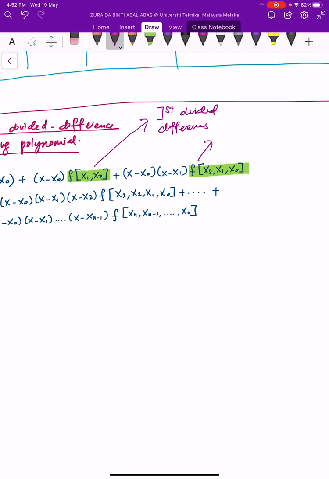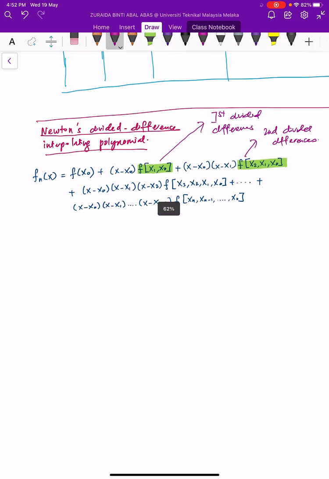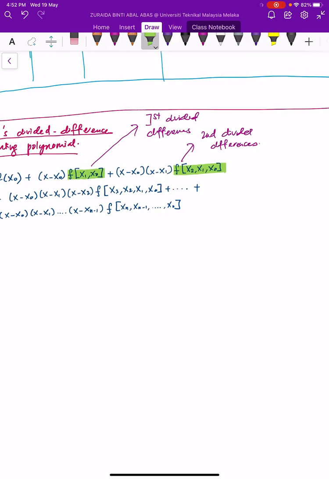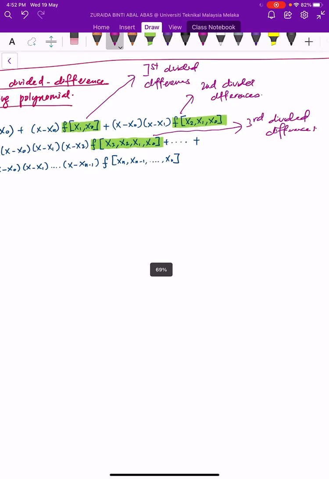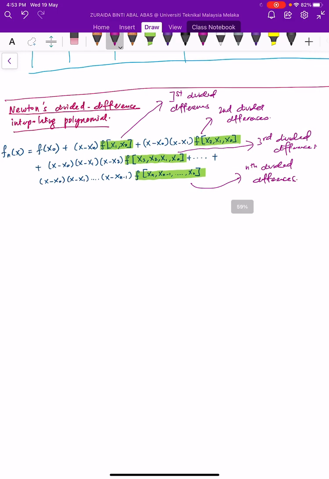So this is the second divided difference, and of course, this is the third divided difference, and finally this is the nth order divided difference.